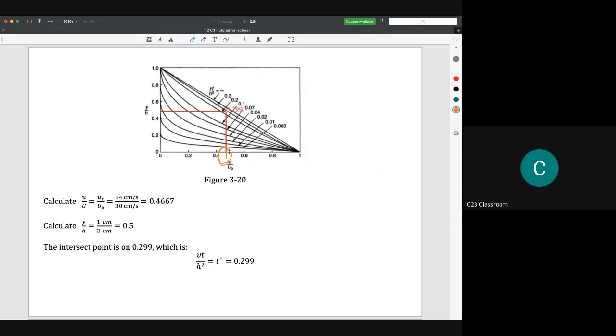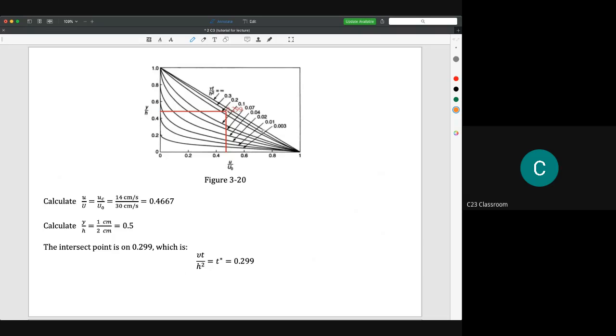So the center is y over h, so y, the center point, is 1 centimeter, because the total gap is 2 centimeters, so the ratio is around 0.5. So we have the 0.5 here. If we draw a straight line here, we find that it intersects at almost 0.99 here.